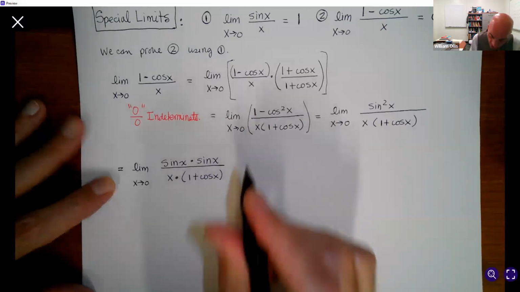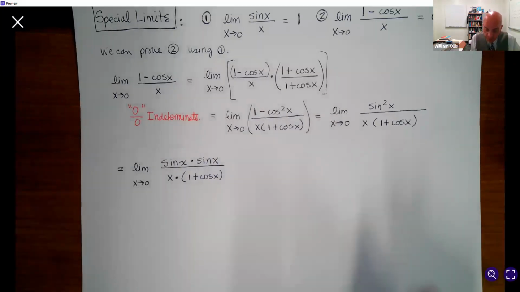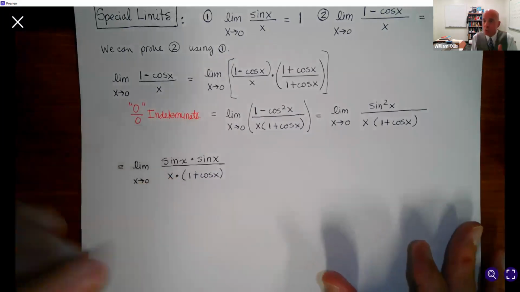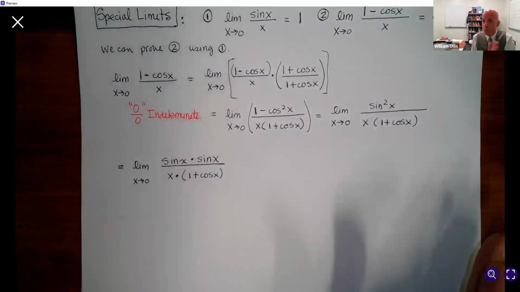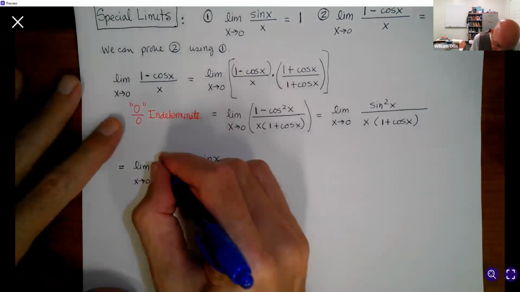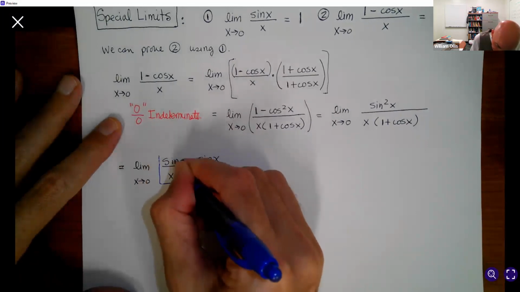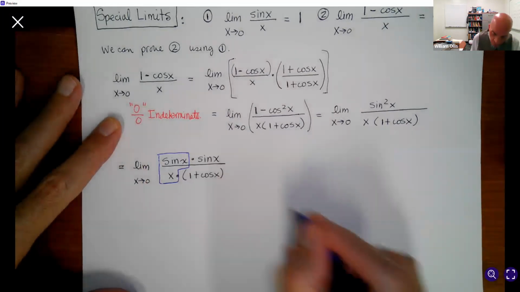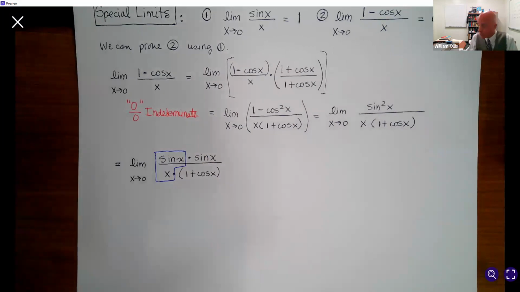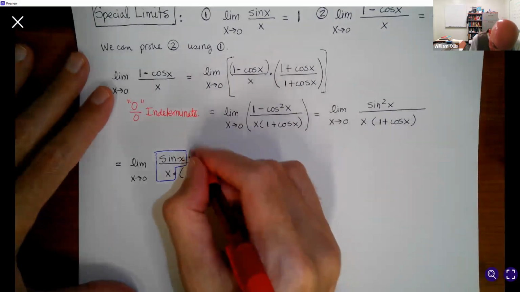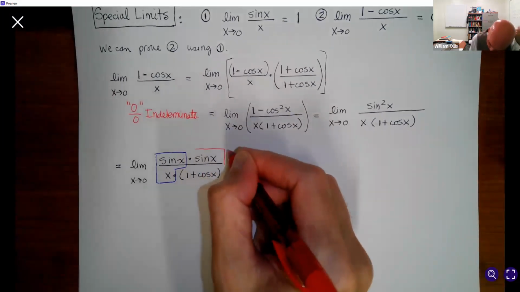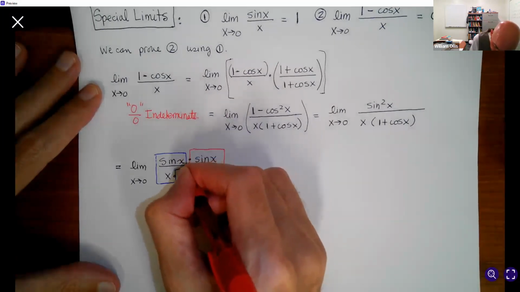Now, what we can do to use the product rule, so to speak, for limits is just section these off. We can look at that as one function, and we can look at this one as the second factor function right here.